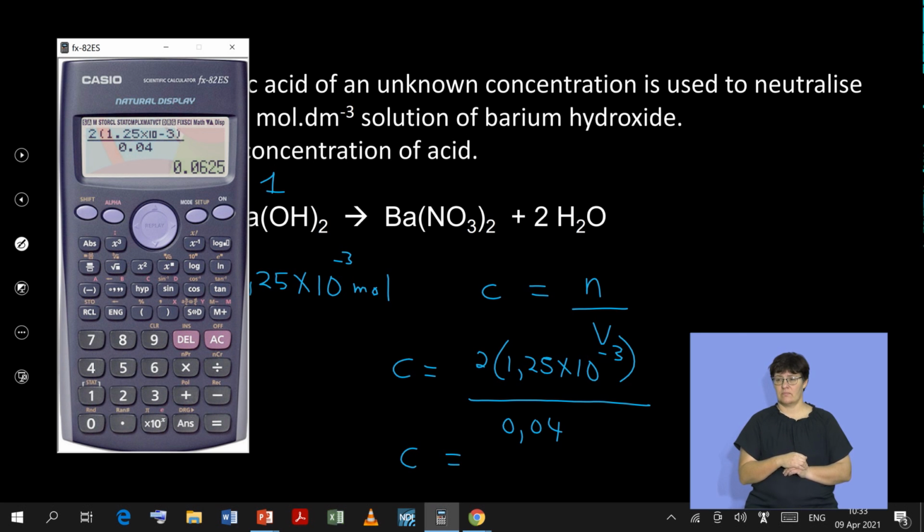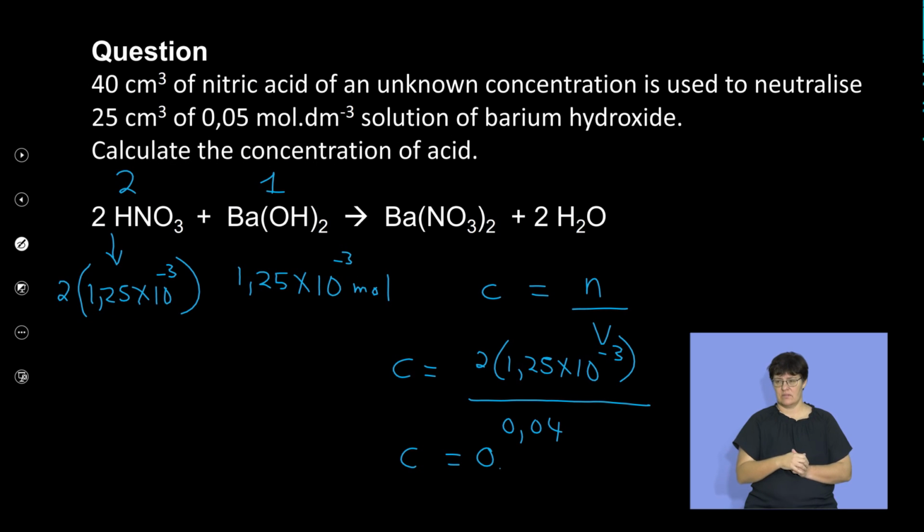So this is the actual concentration of the acid, nitric acid, 0.0625 moles per cubic decimeter.